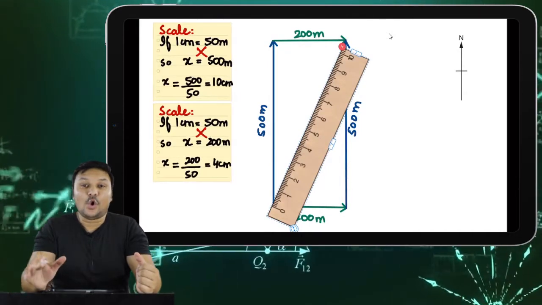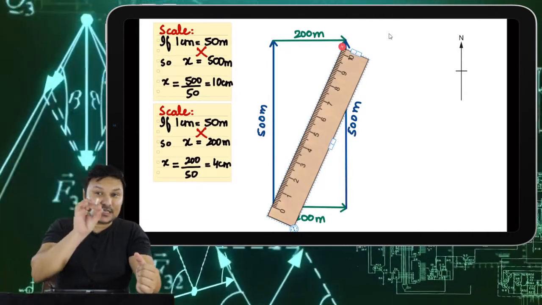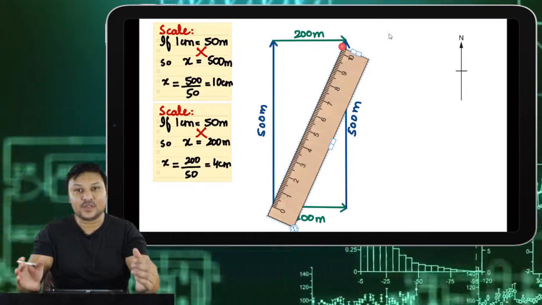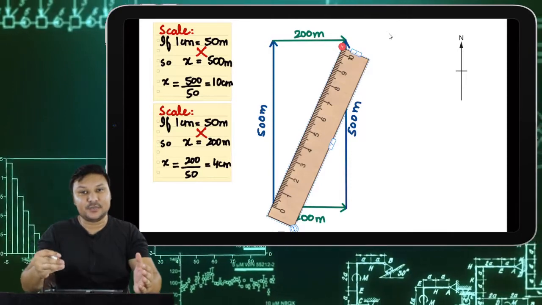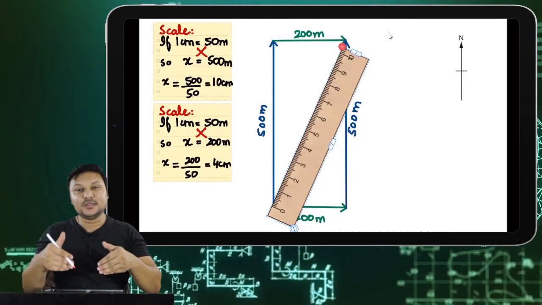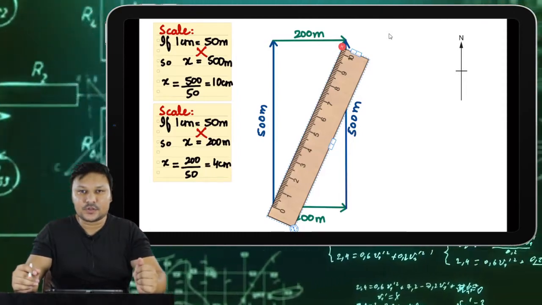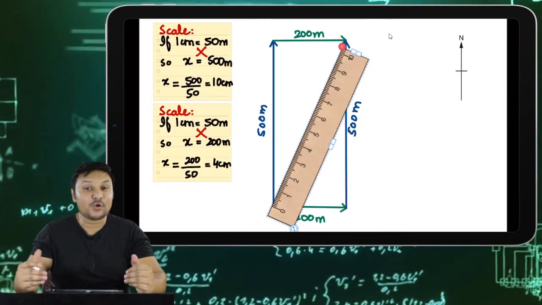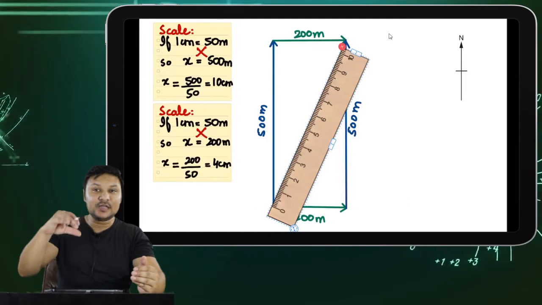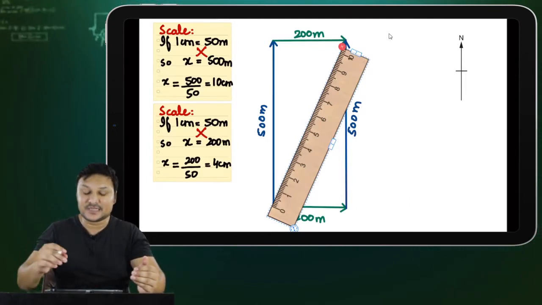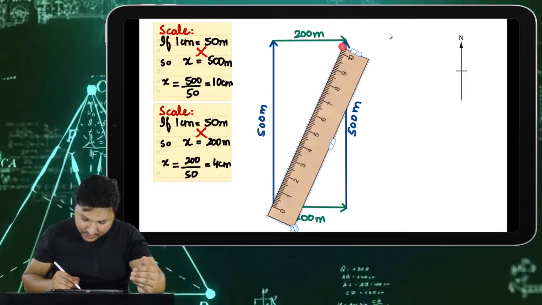Because you always have to carry at least a 30 centimeters ruler to the examination, because sometimes the vector is more than 15 centimeters or 10 centimeters, as in this case. So you have to cascade the ruler, which can cause error. That is why I'm purposely using a smaller scale, so that you don't make the mistake in your examination.